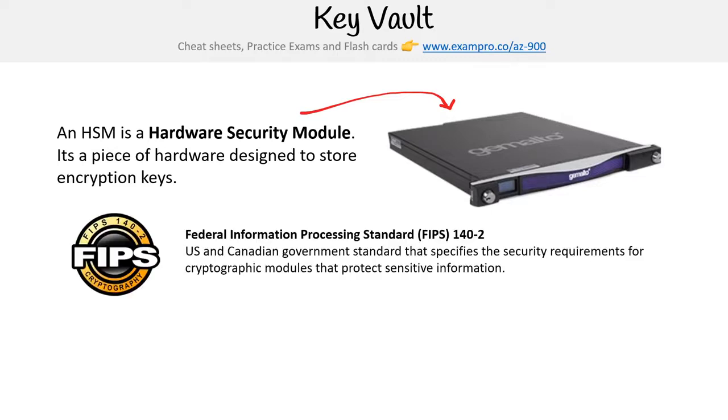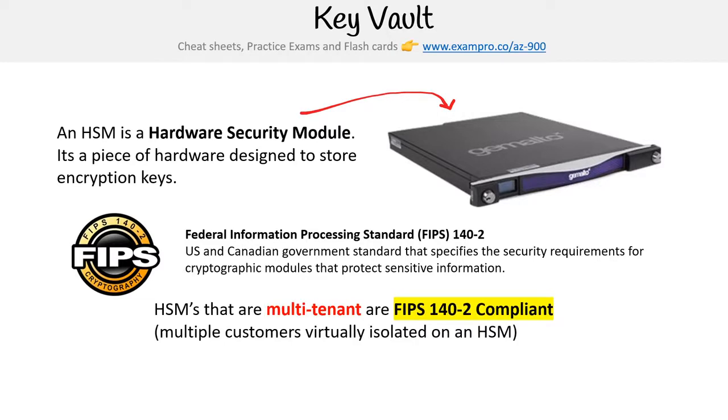And that security measure has to do with FIPS. Okay, so FIPS 140-2 is a US and Canadian government standard that specifies the security requirements for cryptographic modules to protect sensitive information. So for HSMs that are multi-tenant, they're generally going to be 140-2 compliant.